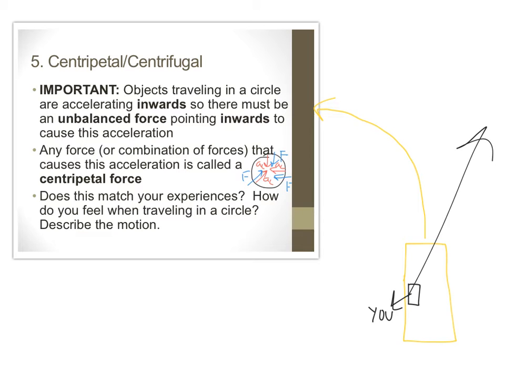However, I've just told you that in order for you to go around that turn, we need an inward force to generate an inward acceleration. So if we need an inward force, why is it that you feel like you're being thrown out of the circle? I want you to consider a few other situations, and this is going to help explain it.